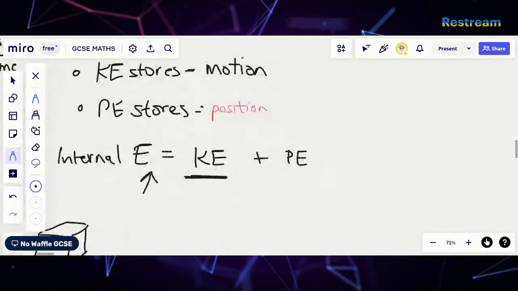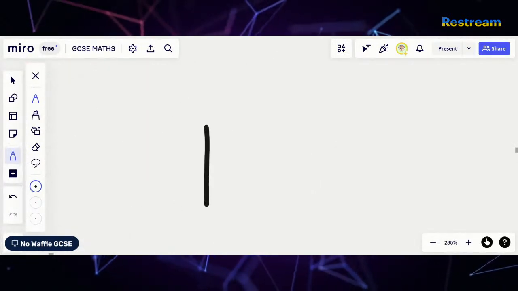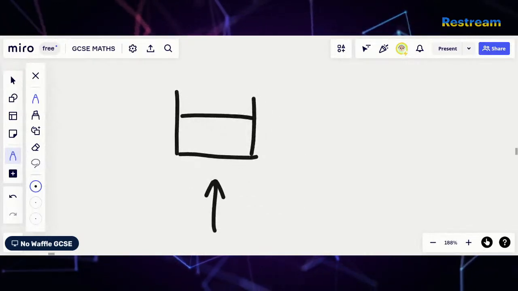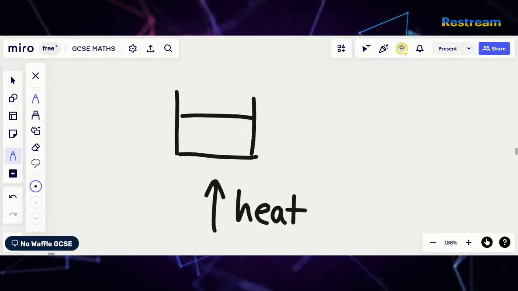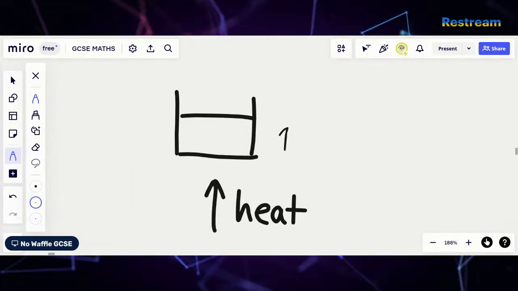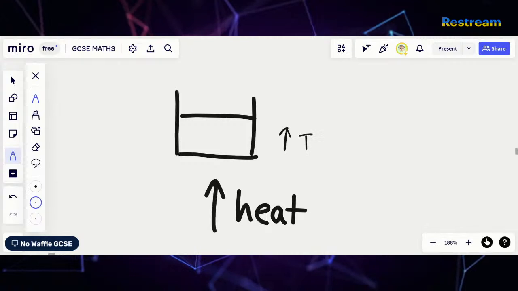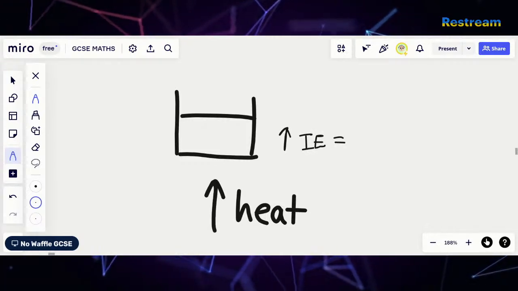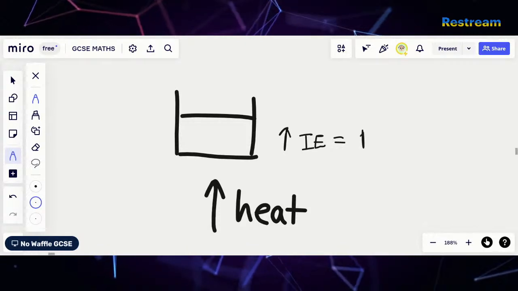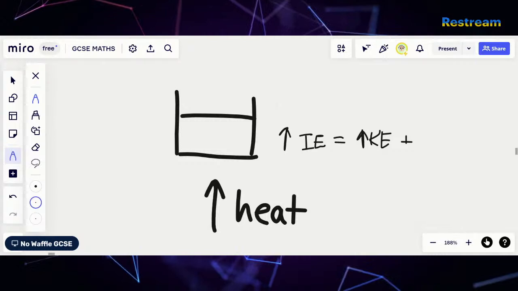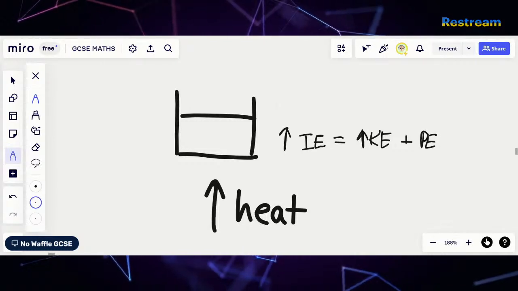When we're heating up a substance, we're therefore increasing the internal energy of the system due to the fact that we're increasing the kinetic energy at which it's moving, and the potential energy remains constant.